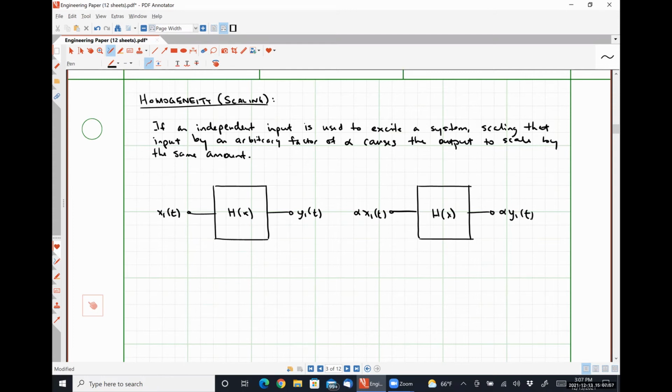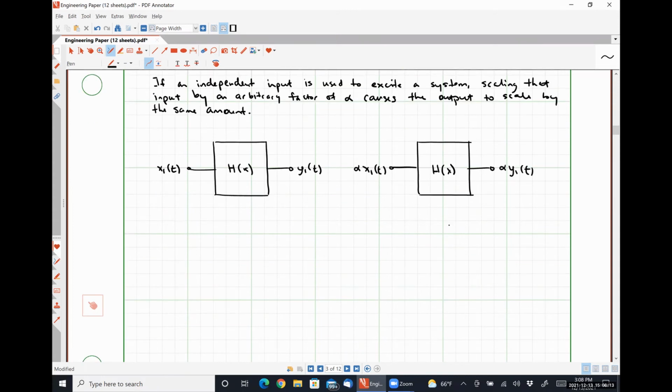So let's prove that by analyzing the circuit that we did a moment ago, but we scale both of the inputs by a factor. So let's say that now our circuit is this guy. We took the 6-volt source and we doubled it.